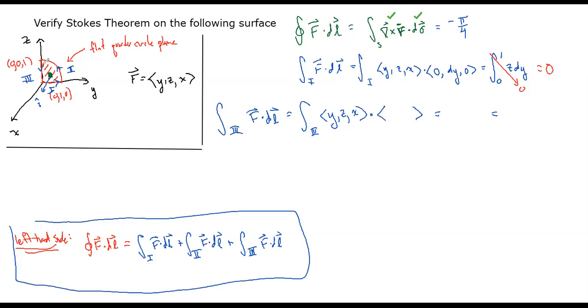Okay, for path 3, what is my dl? Is it dx, 0, 0? I like the two zeros, so I'm not moving, I'm moving in a line, and the line is going down an axis, one particular axis. So two of them are going to be 0, but which axis am I moving down and in which direction?